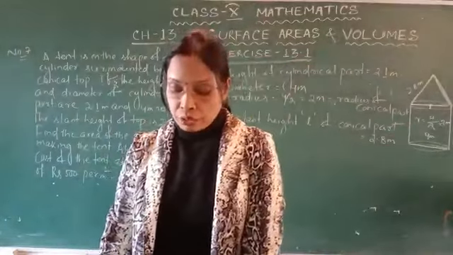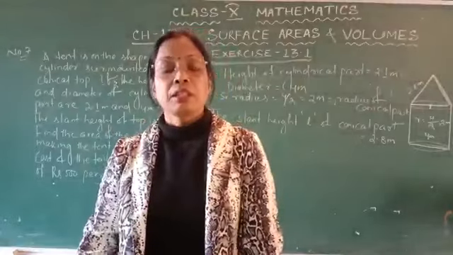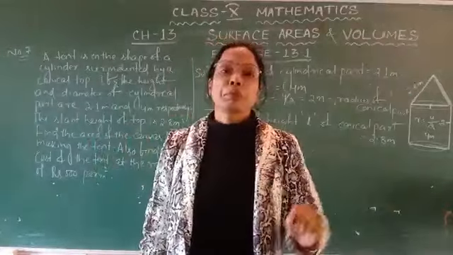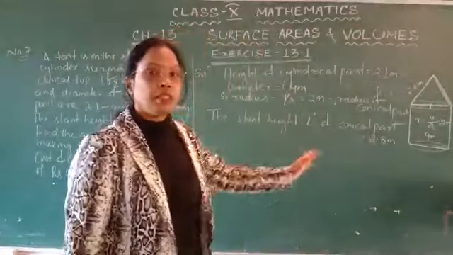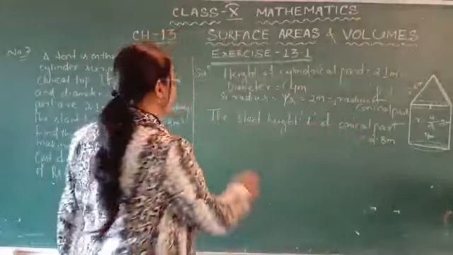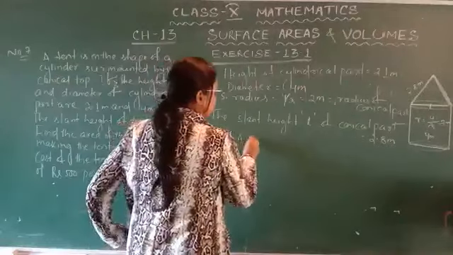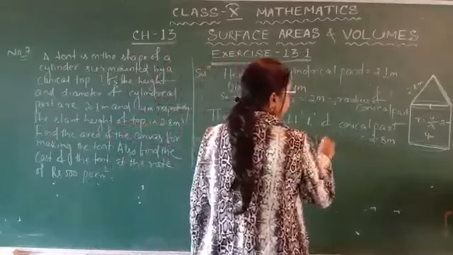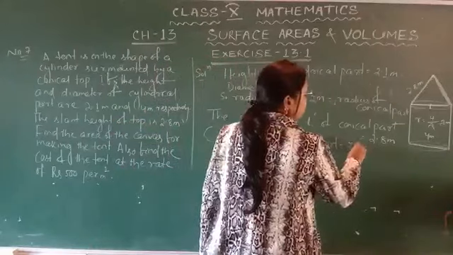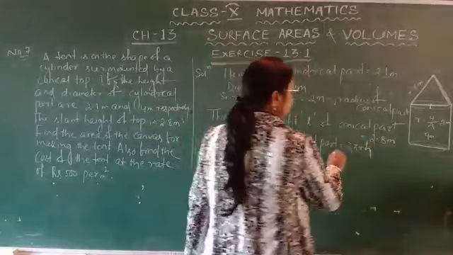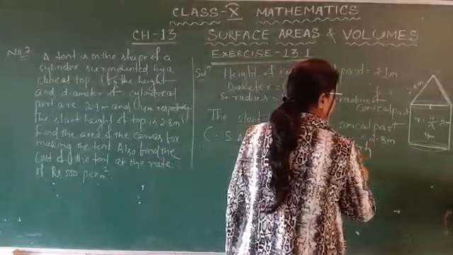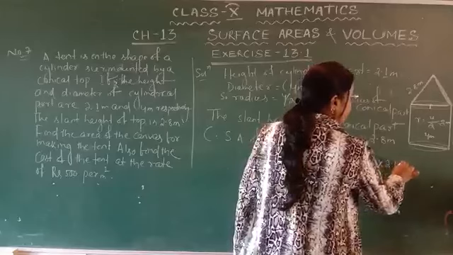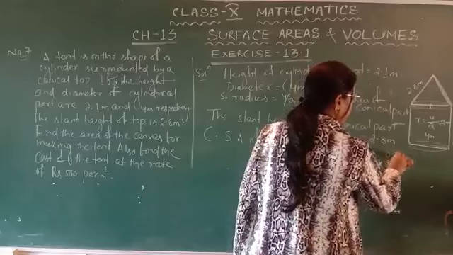So here we find the area of the canvas to make this tent. First you find the curved surface area of the cylindrical part. Curved surface area of the cylindrical part is equal to 2 pi r h, that is 2 into 22 upon 7, r is 2 meter, into h is 2.1 meter. 7 cancel, 0.3.